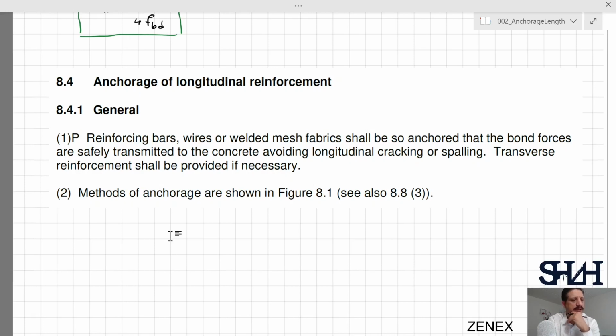Transverse reinforcement shall be provided if necessary. For example, sometimes you do not have enough space to have long anchorage length. As a result, we can confine them with the transverse reinforcement.